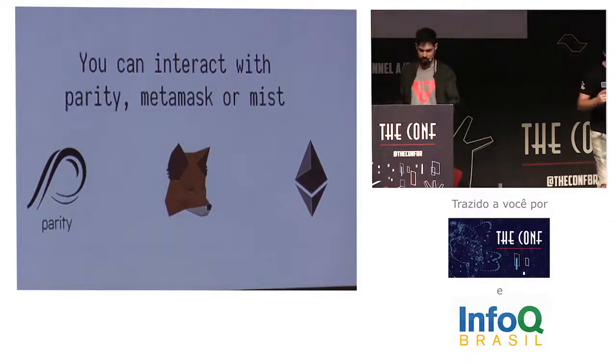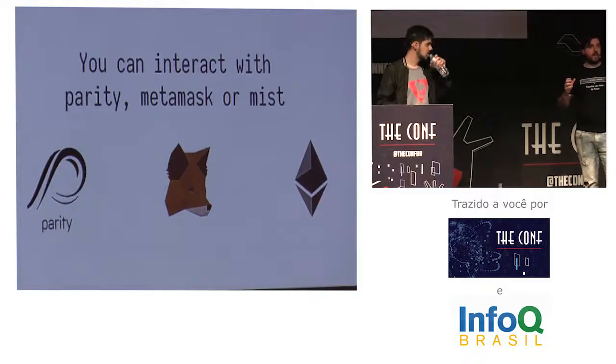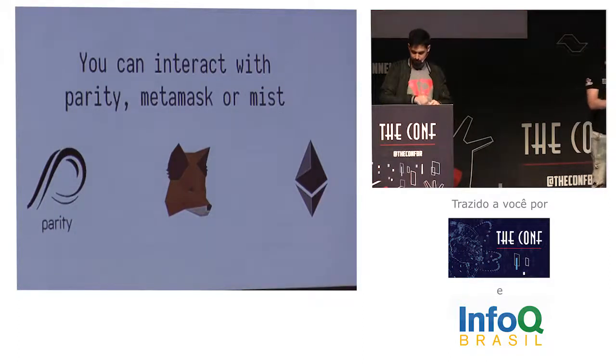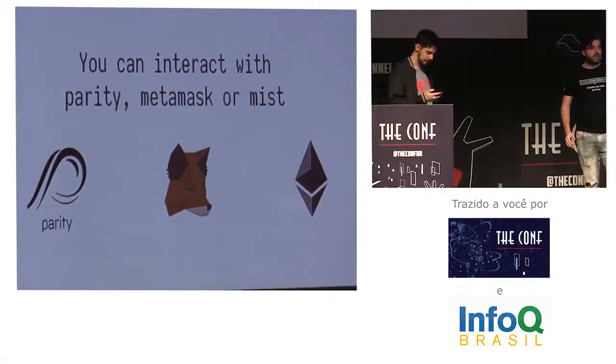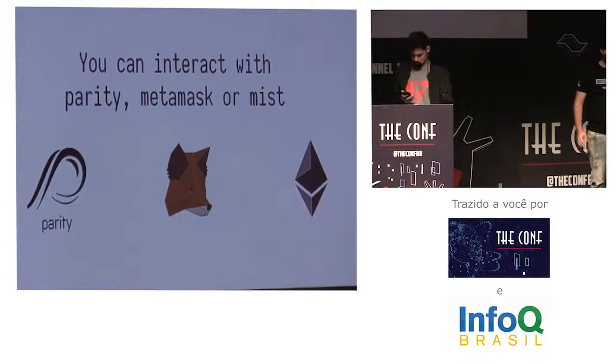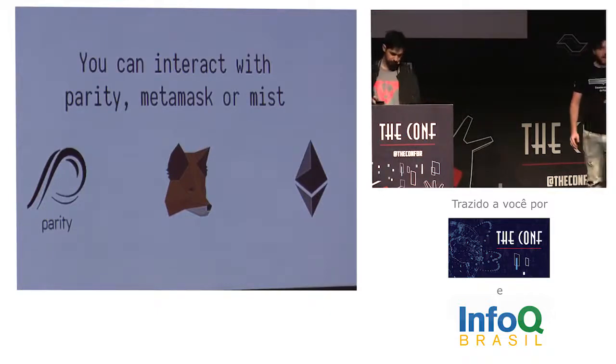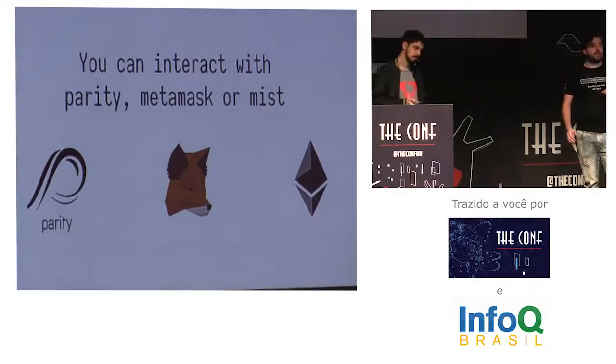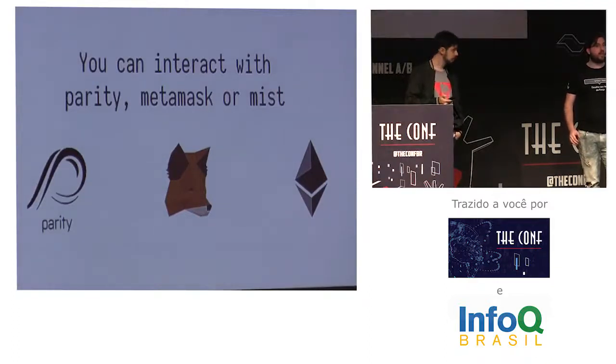The first is the client. You need the Ethereum protocol, synchronizing your blockchain. One client, the fastest, is written in Rust, and it's very nice. MetaMask is a very nice client too, because MetaMask does not need to synchronize the blockchain.